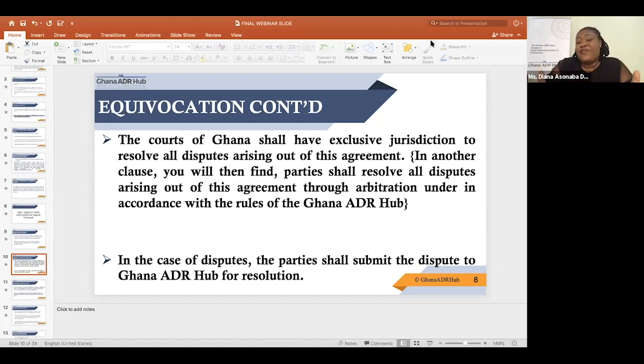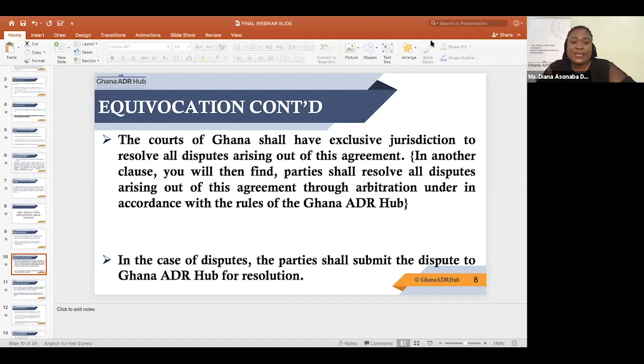Again, the reason why we advise you to avoid this is that before the contract is executed, when everything is sunny and optimistic among parties, it is easier to arrive at an agreement than when the dispute arises, because then different interpretations are put on and you may not be able to agree, or if you do, it takes a while.